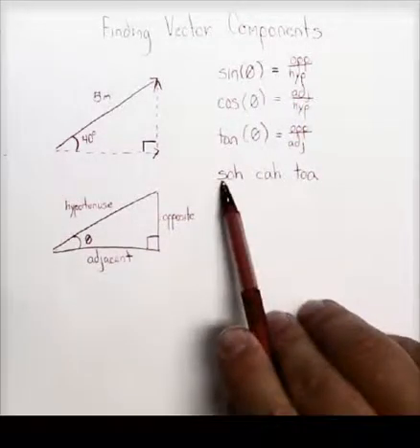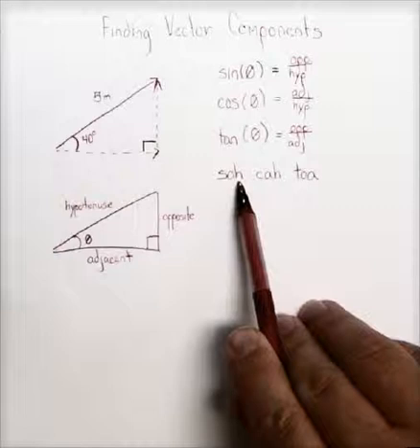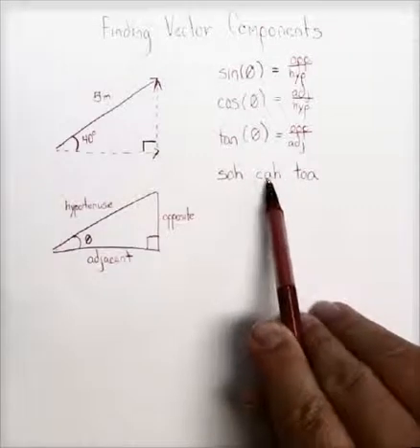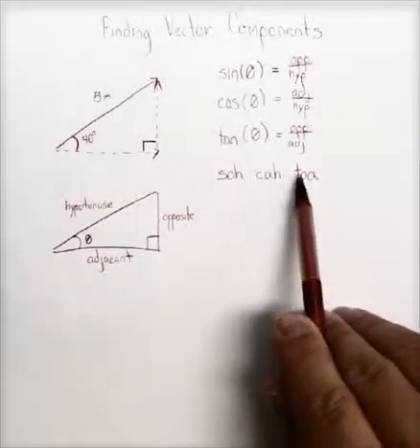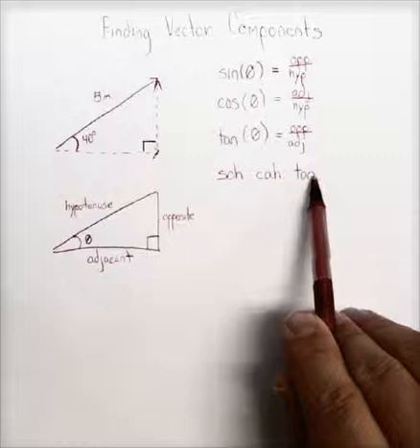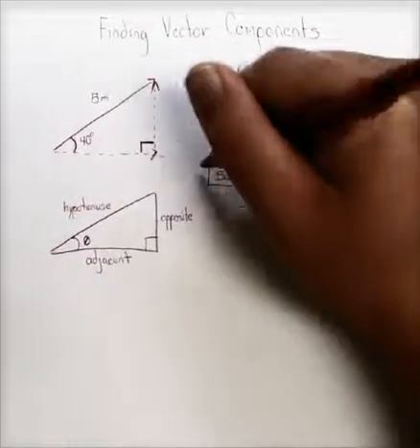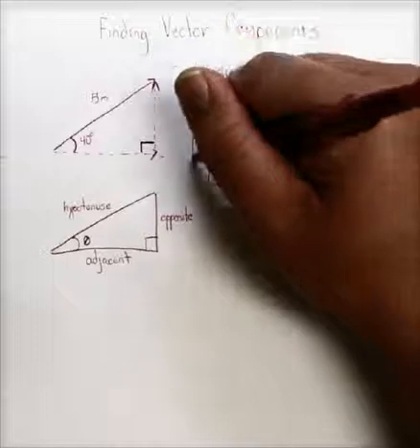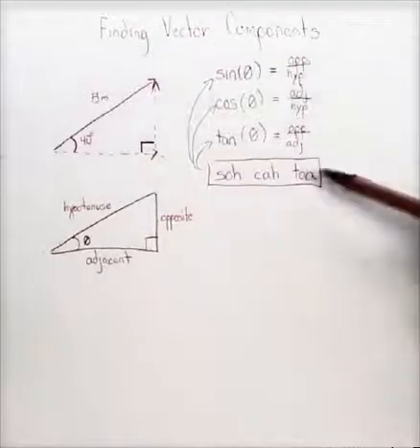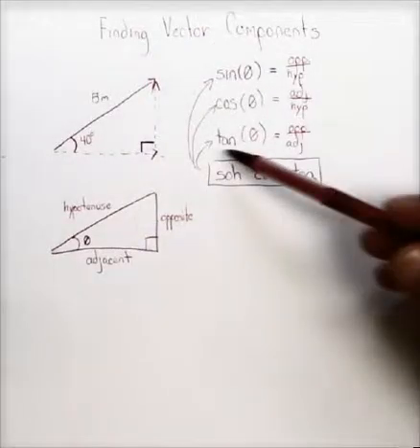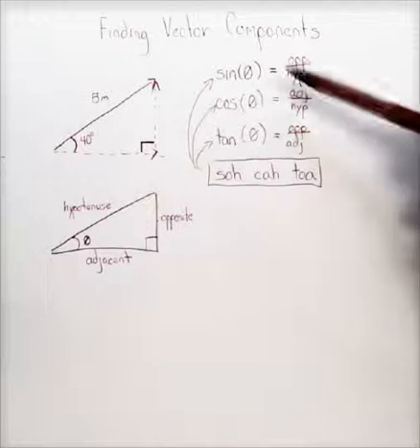So sine is opposite over hypotenuse, cosine is adjacent over hypotenuse, tangent is opposite over adjacent. This is a handy way to memorize all three of these. In fact, I've been doing this for years, and this is still how I remember what these functions mean.